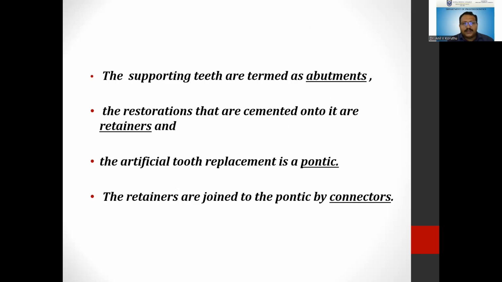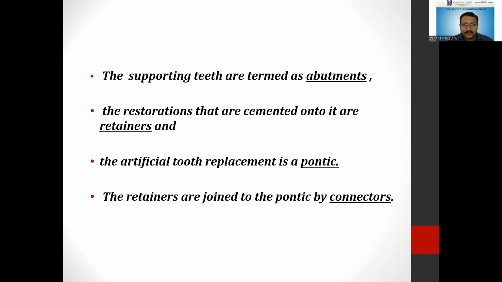The supporting teeth are termed abutments. The restorations that are cemented onto them are retainers. The artificial tooth replacing the missing tooth is known as a pontic, and the retainer is connected to the pontic by a connector. So basically there are four terminologies.